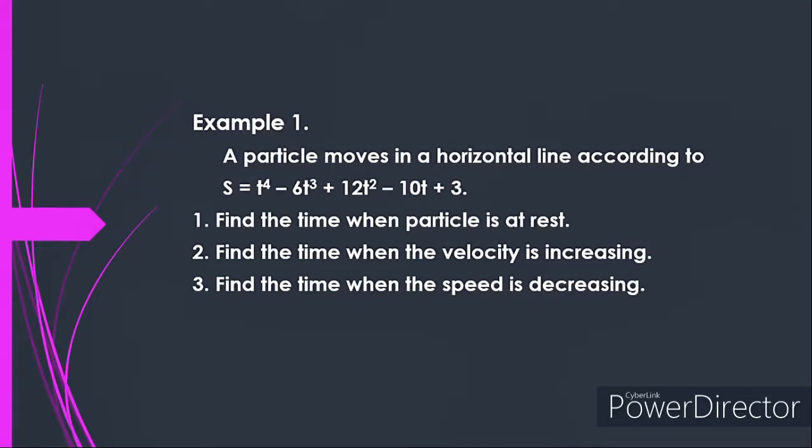So, itong given natin ay ang distance. So, question number 1, find the time when the particle is at rest. Number 2, find the time when the velocity is increasing. And number 3, find the time when the speed is decreasing.